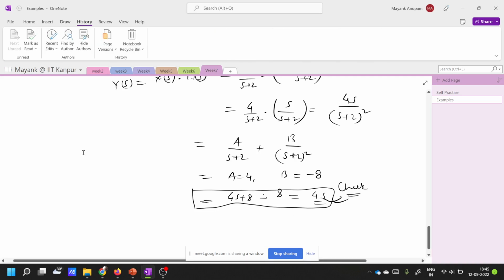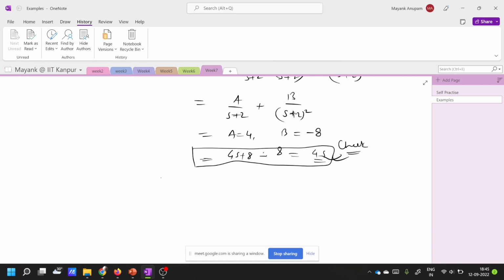So what will be the inverse Laplace transform now? So your Y of s is equal to 4 divided by s plus 2 minus 8 divided by s plus 2 whole square.